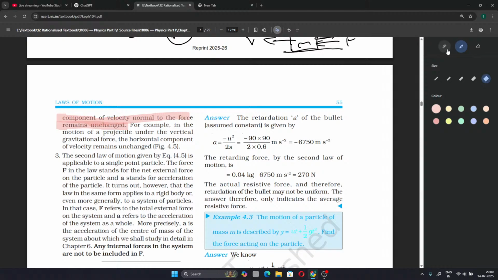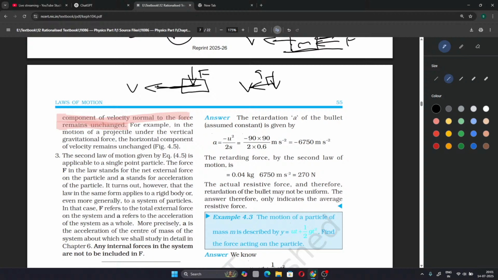Basically, if a body is moving in this direction, let's assume it has a velocity vector like this, in a straight line, but the force is acting like this. The velocity acts in this direction and the force acts in this direction, so there is a 90-degree angle formed here.